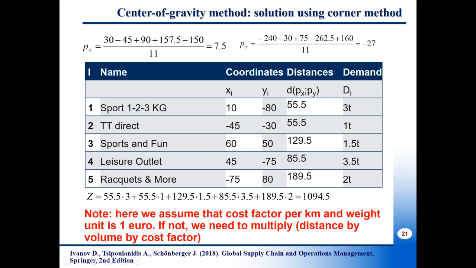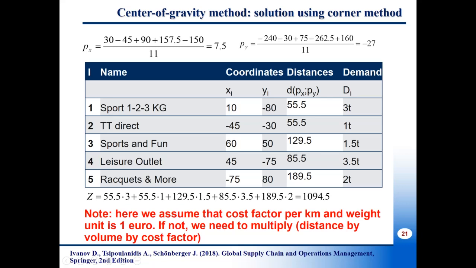And what about the 30, then minus 45, then plus 90, plus 157.5 and minus 150? The 30 comes from 10 times 3 tons, and we have 30. Minus 45 times 1, and we have minus 45 here. 60 times 1.5, and then we have 90. 45 times 3.5, and then we have 157.5.